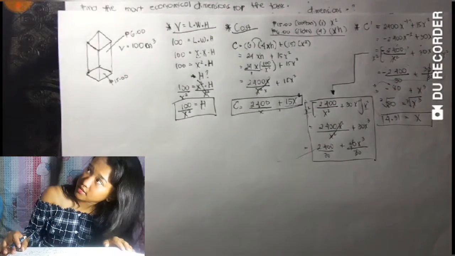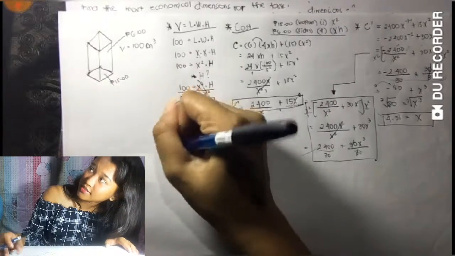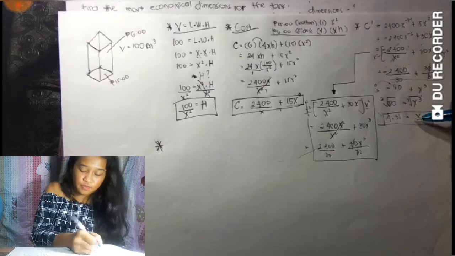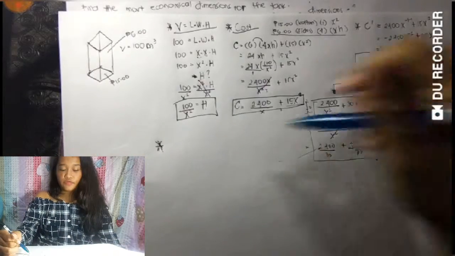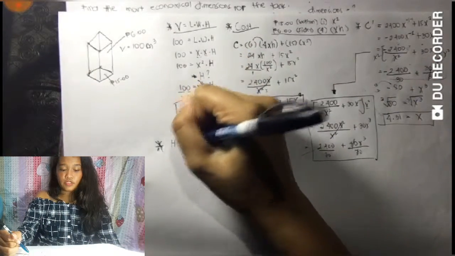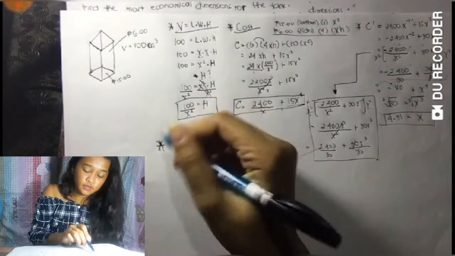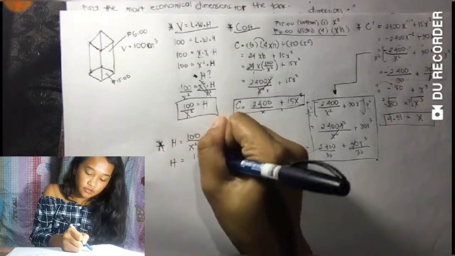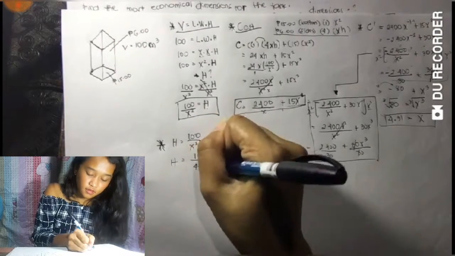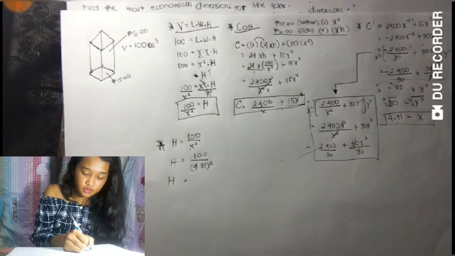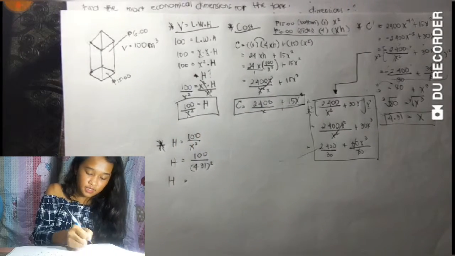We already have the value of our x. But this is not yet the end. I'm gonna first adjust this one. Next step, the value of x. Now we're gonna apply this one to get the height. Wherein height is equal to 100 all over x squared. Height is equal to 100 all over 4.31 squared.